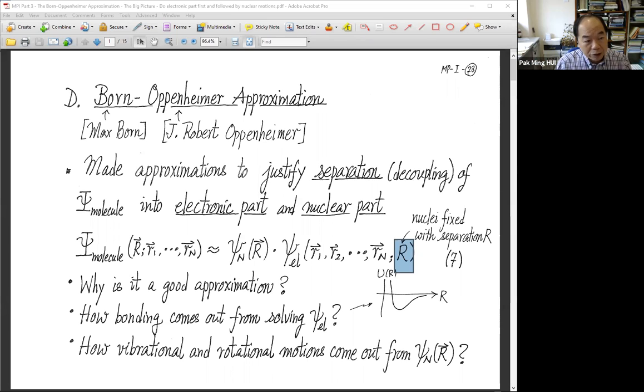Okay, now, the first thing I would like to tell you is this Born-Oppenheimer approximation is so important. Without it, we don't have molecular physics. Without it, we don't have the whole field of solid-state physics, because the same approximation is used in understanding solids. Why do we have energy bands?